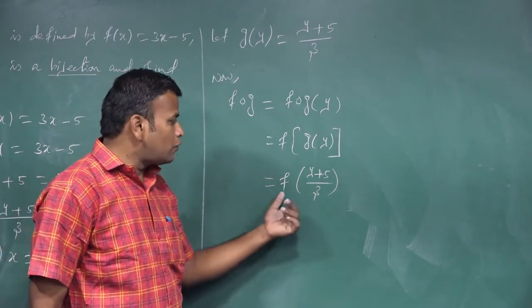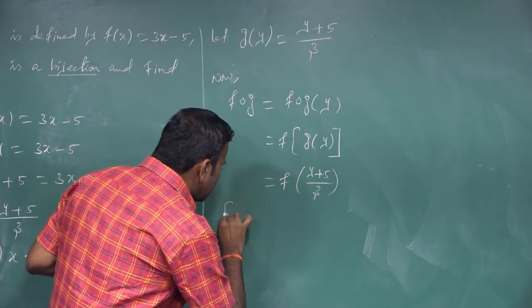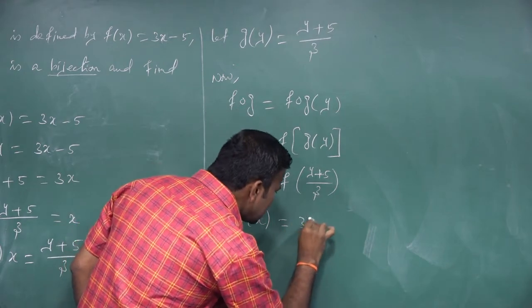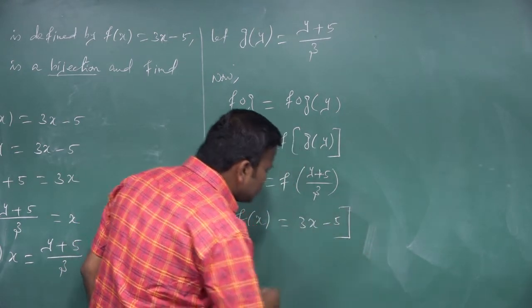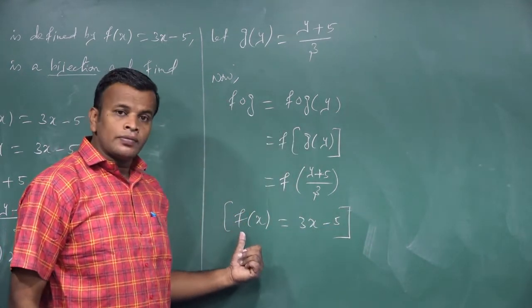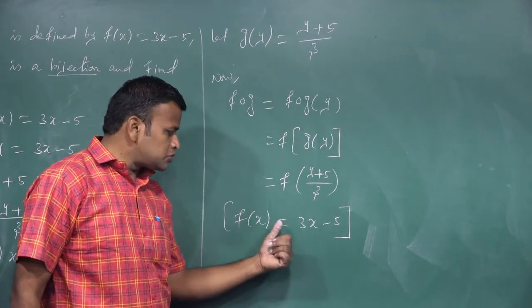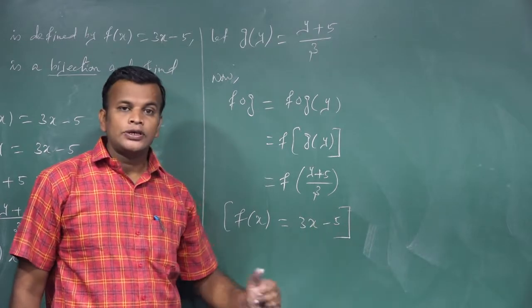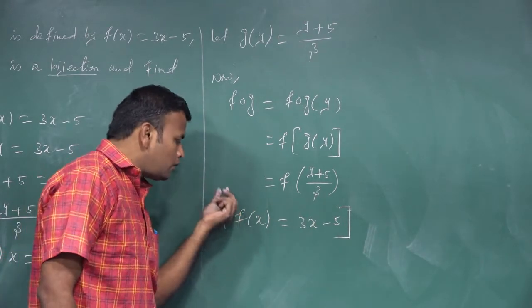Now we write the value of f of x. For understanding, I write f of x. How to define f of x? It is 3x minus 5. So what is the nature of the function f? The bracket variable is first multiplied by 3 and then 5 is subtracted. So it is the working rule of the function f.